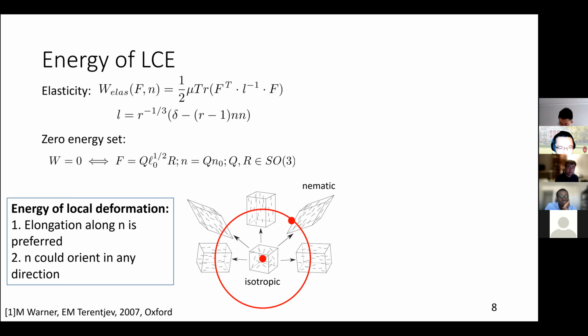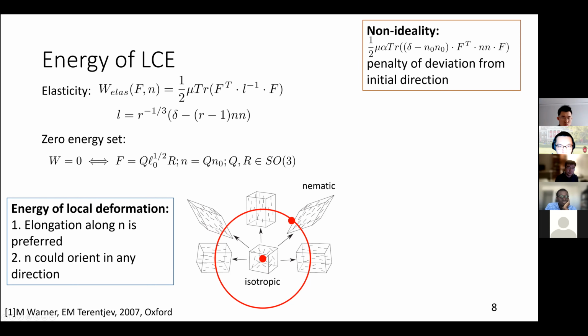And as n could be changing, because it is just a unit vector indicating the orientation, as it changes you would see the energy minimization set also changing. So that's the basic elasticity of liquid crystal elastomer.